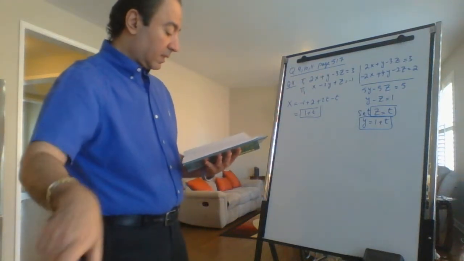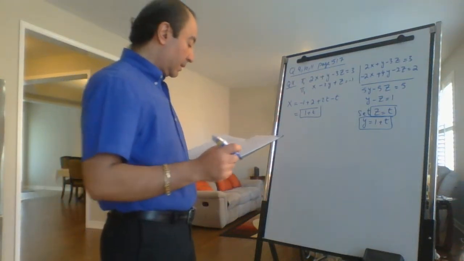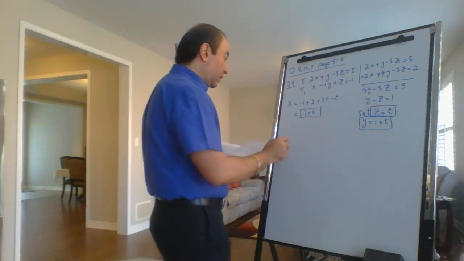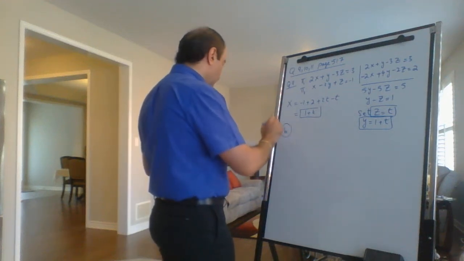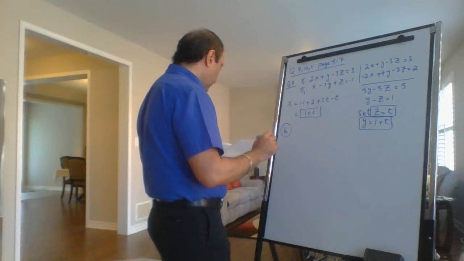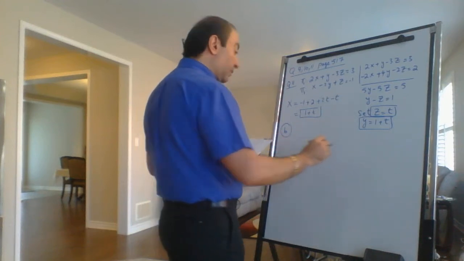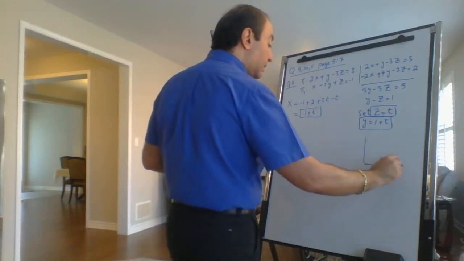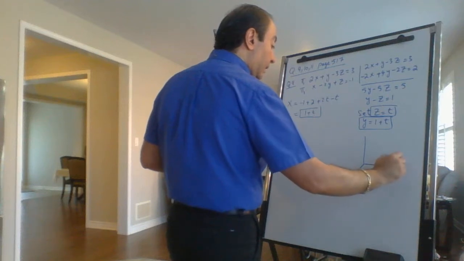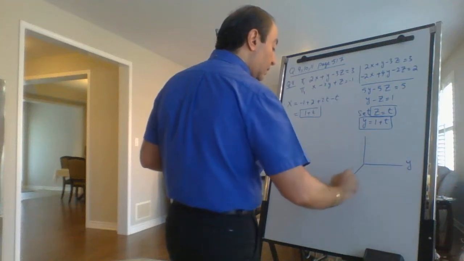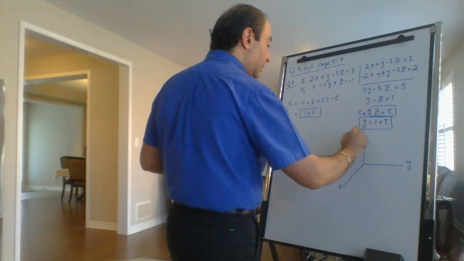Now this is the hard part, part B. It says if L meets the xy plane at point A. So this is the xy plane, this is y, this is x, this is z.